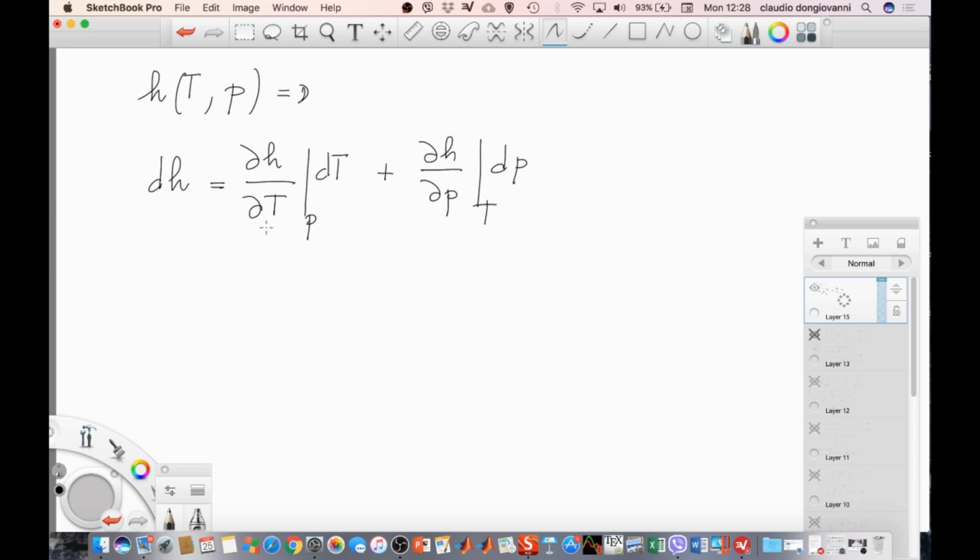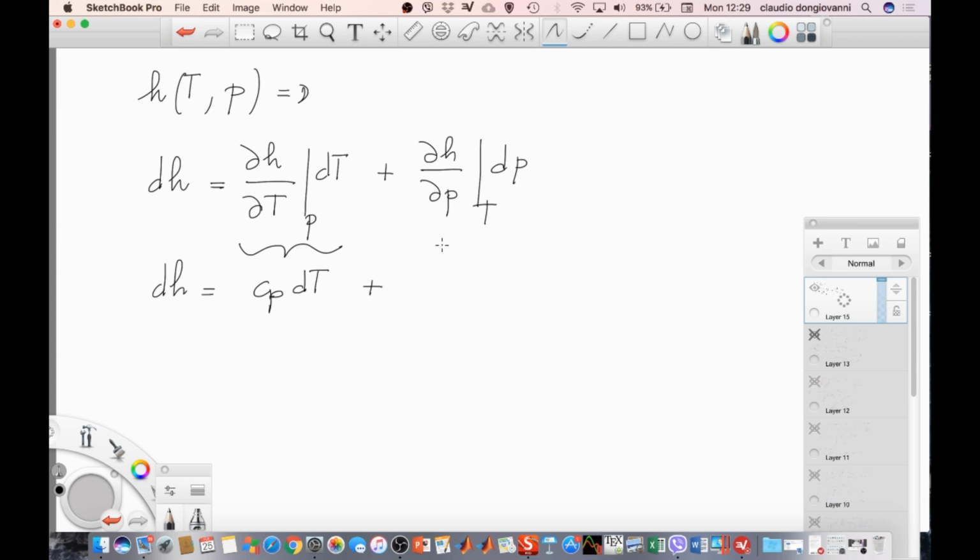Now, if you analyze this relationship by using formulas, you can write this in a very simple way. This first term is our Cp dT. The second one is not zero.